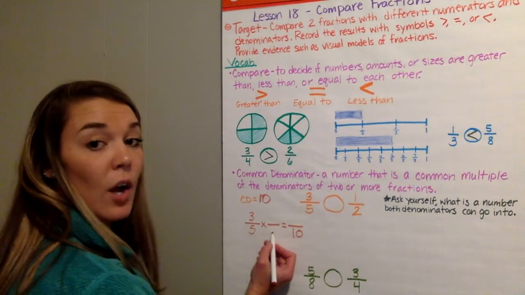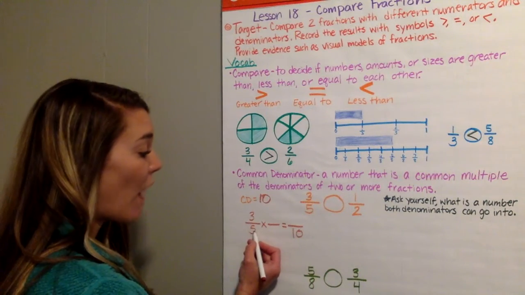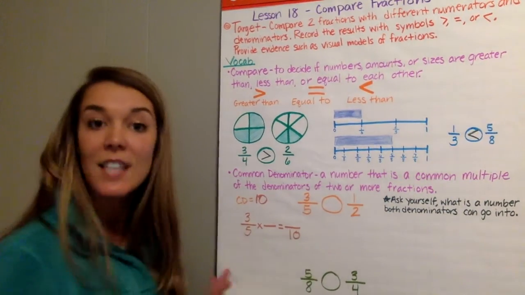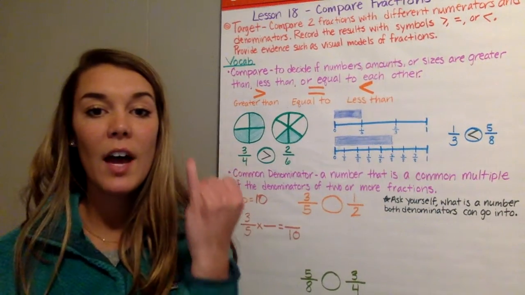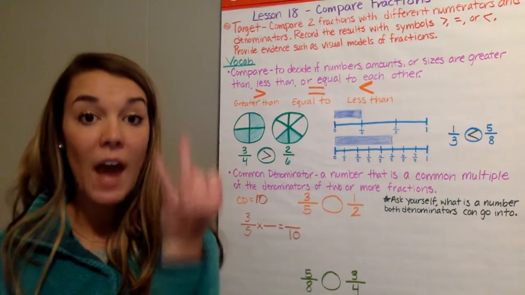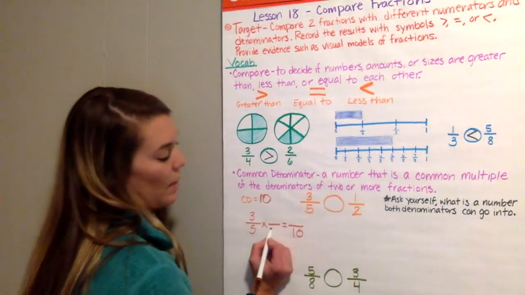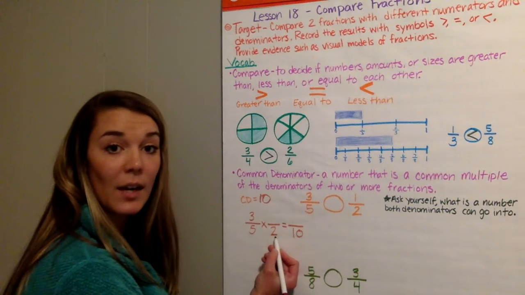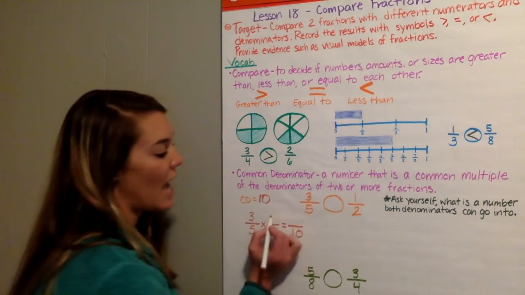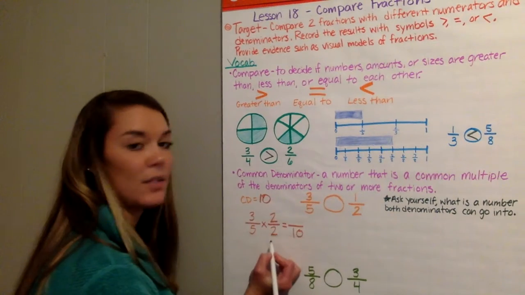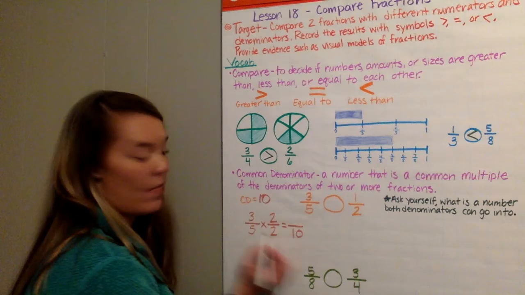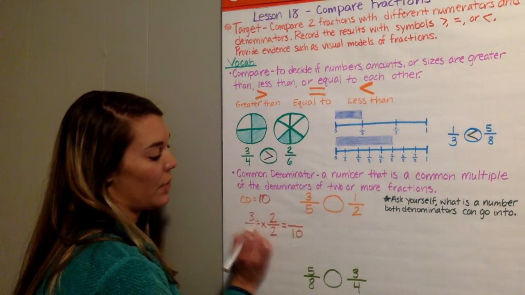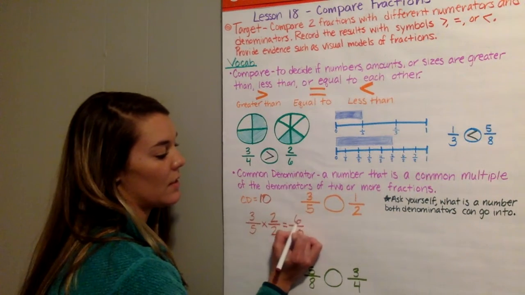So I'm wondering, what can I multiply 5 by to get 10? So 5, 10, 5 times 2 is 10. So I'm going to have a 2 down here in my denominator. Whatever I have in my denominator, when I'm making equivalent fractions, I have to have in my numerator. So that's going to go on the top as well. Then I multiply across. 3 times 2 is 6.